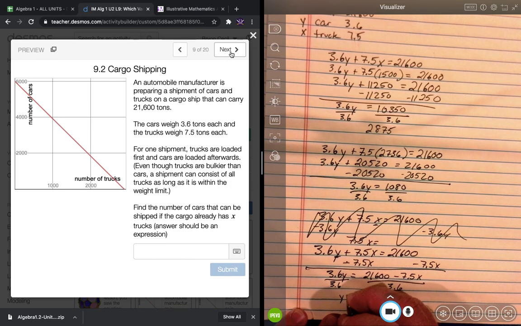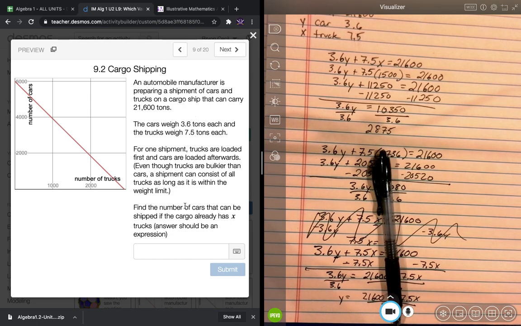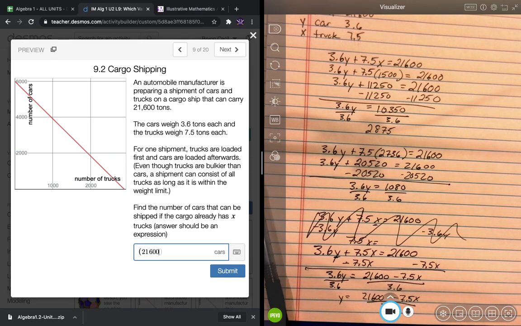So now that means y equals 21,600 minus 7.5x all over 3.6. And let's put parentheses around the 21,600, minus 7.5x, all divided by 3.6.